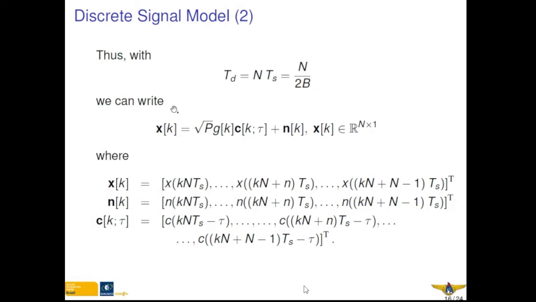In the vector X, we receive the samples over time for one period. We have then the power of the signal, the square root of P, the navigation data changing for each period, and the pseudo-random sequence delayed by tau. This is also given as a vector that is delayed by tau, each sample. And these are column vectors.